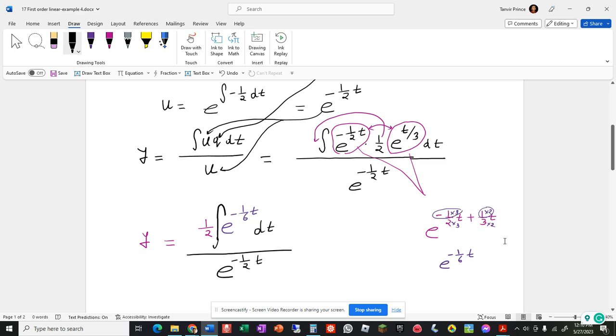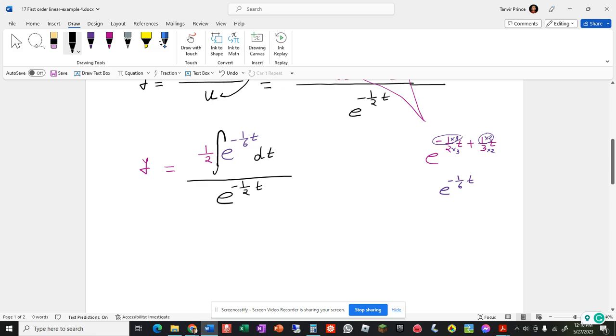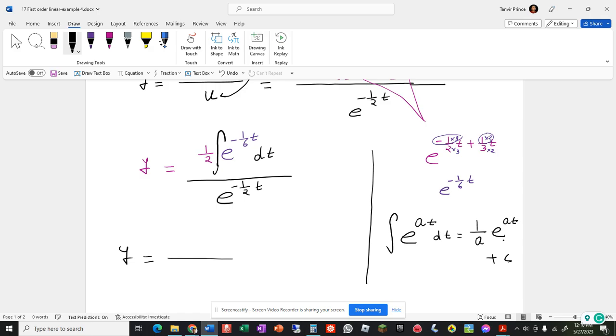So let's do that. Again, if you remember, we use this general formula, integral of e to the at, where a is some number, right? It's going to be 1 over a e to the at, and of course plus c. So let's use that. y equal to 1/2, I copy.